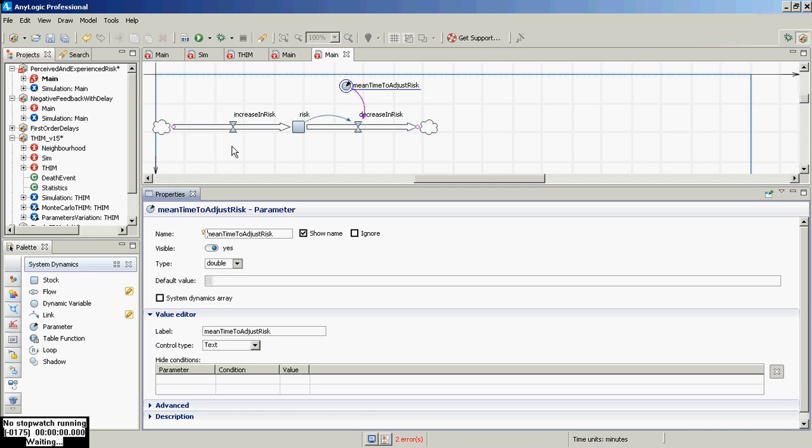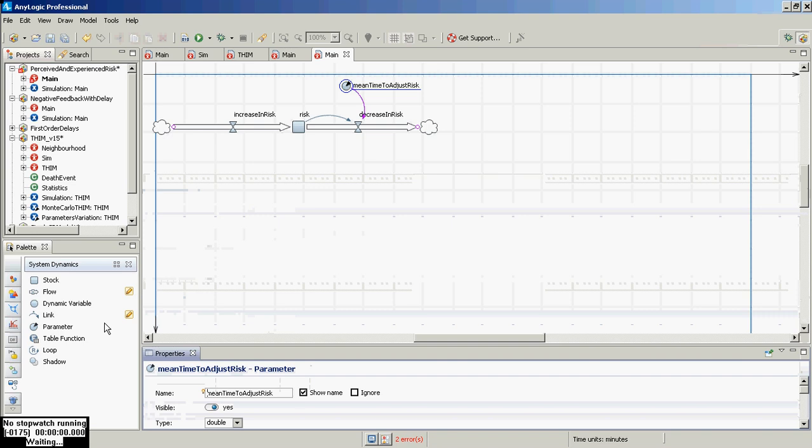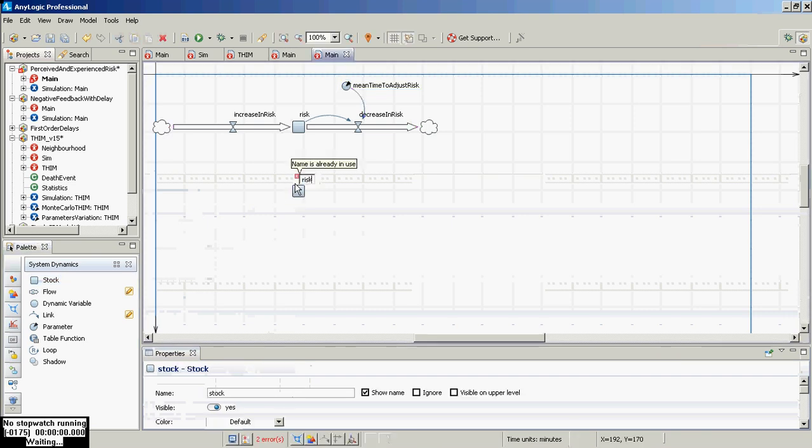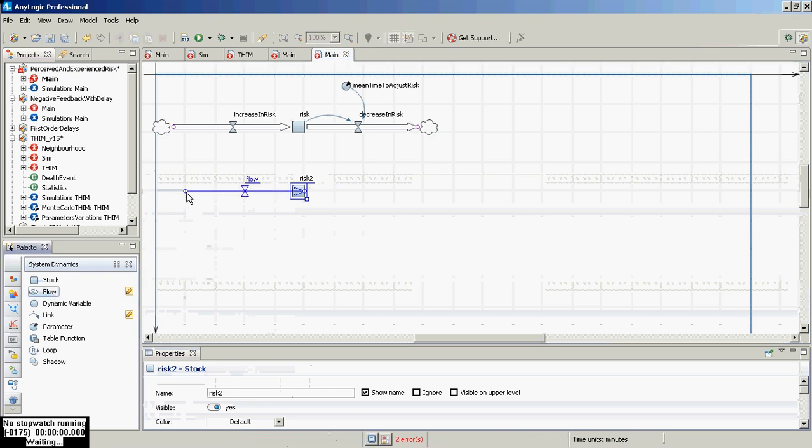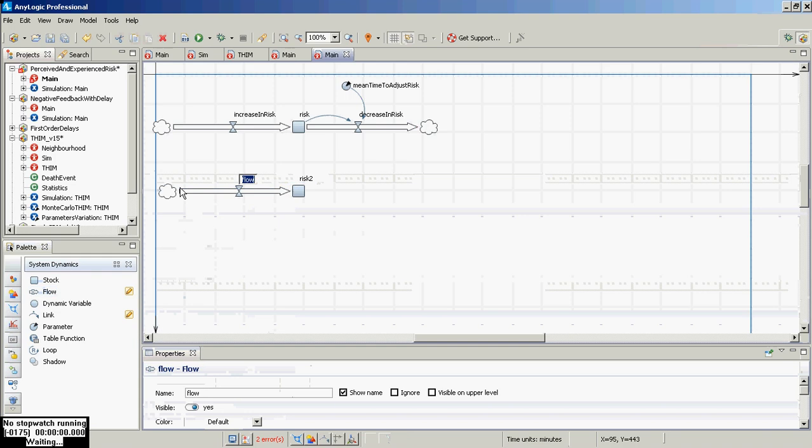Yeah, so how many stocks do we have? One stock, and then we have what? One flow. Good. It's a net flow, right? And so you could call it something like change in risk.